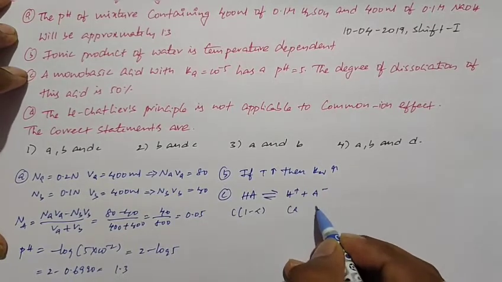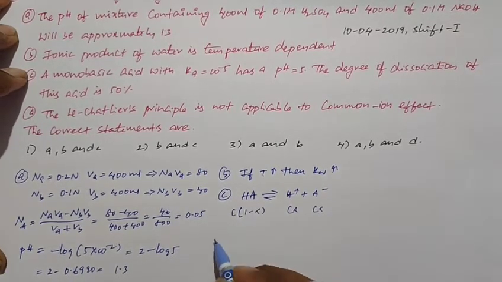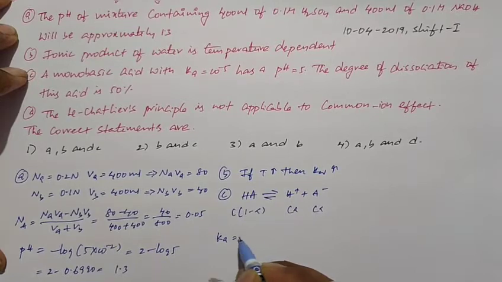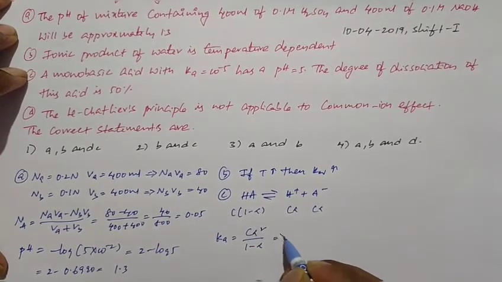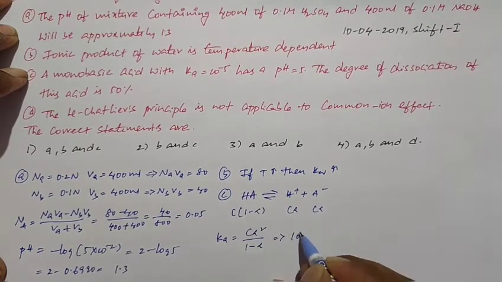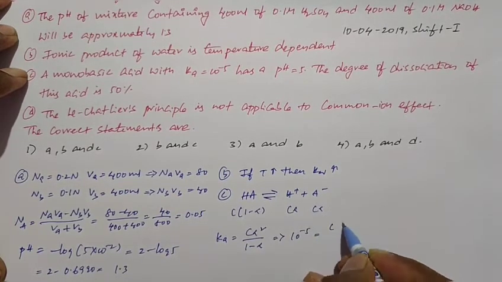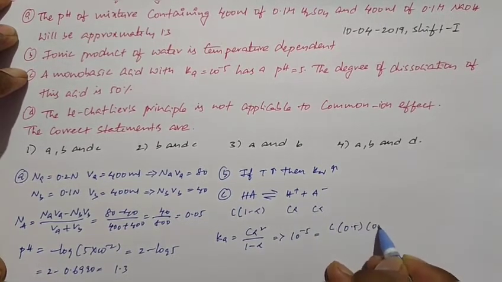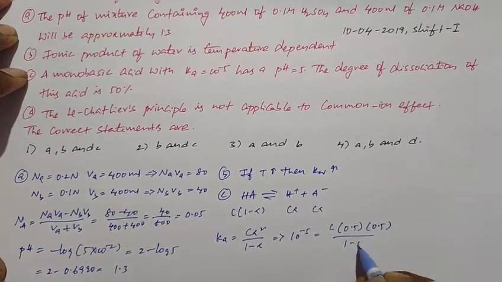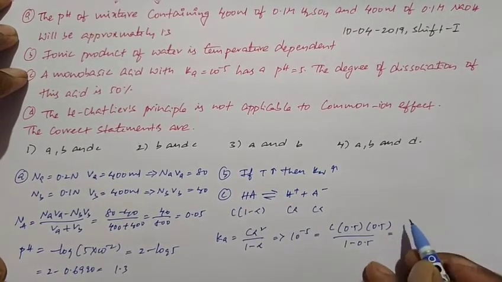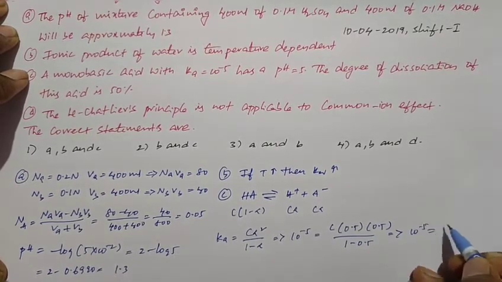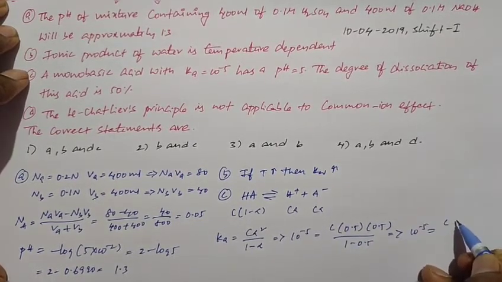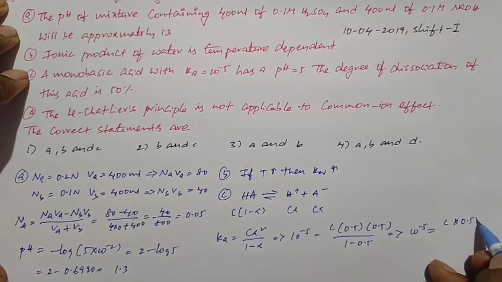Here it will be C alpha and C alpha at equilibrium. Then the ionization constant K is given as C alpha square by 1 minus alpha. After substituting the value of Ka, we get 10 power minus 5 is equal to C into 0.5 into 0.5 by 1 minus 0.5. Then we get 10 power minus 5 is equal to C into 0.5 into 0.5 by 0.5.